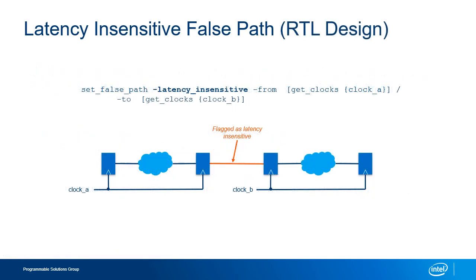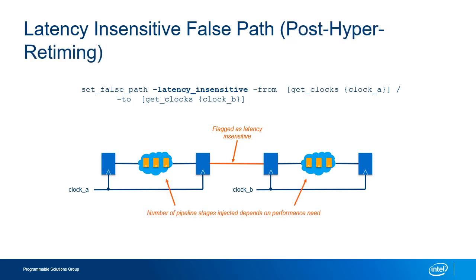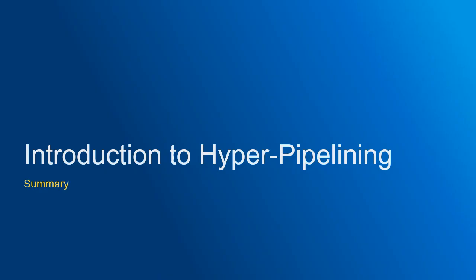In this example, we have a clock crossing path to which the false path constraint with the latency insensitive argument is applied. Upon retiming, pipeline registers are automatically inserted into the path and retimed depending on the performance requirements of the clock domains.